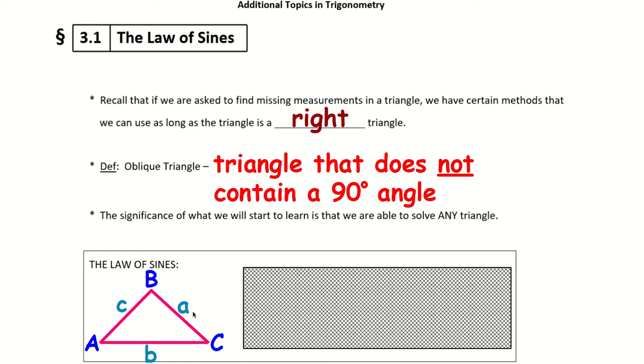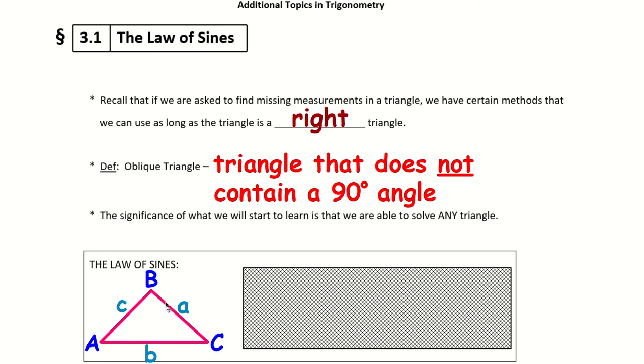Also notice that side A is directly across from angle A. It's no coincidence that side A is right here and angle A is right here. Same with side B being across from angle B and side C being across from angle C.